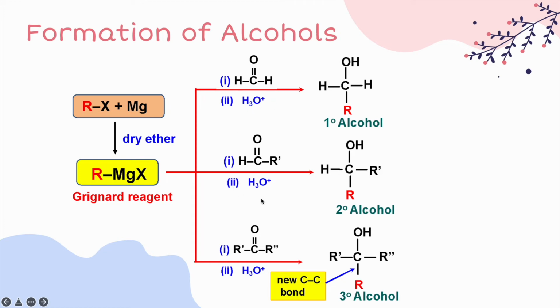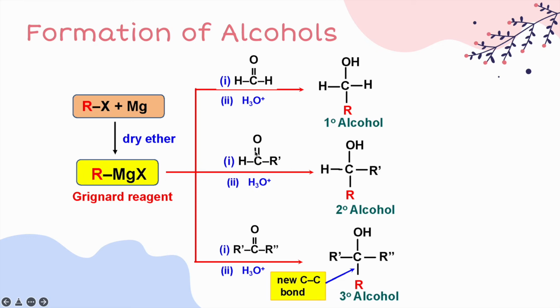If you want to form secondary alcohol, the Grignard reagent must react with aldehyde with one R group only in the presence of acidified water. So first react with this, followed by acidified water. This C double bond O must have one R group only, because another R group in the product will come from Grignard reagent over here.